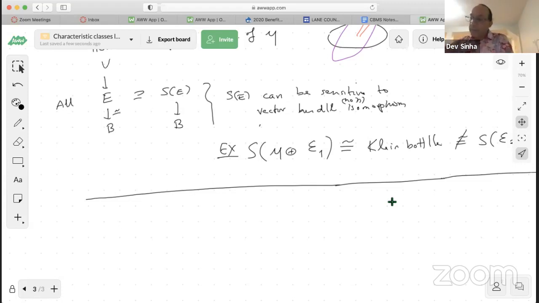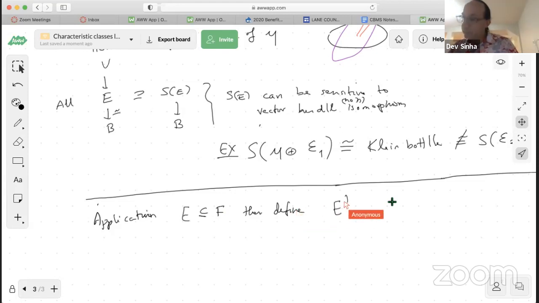So another application is, if we have a subbundle, then we can define the orthogonal complement as the other subbundle of F of things which are perpendicular.